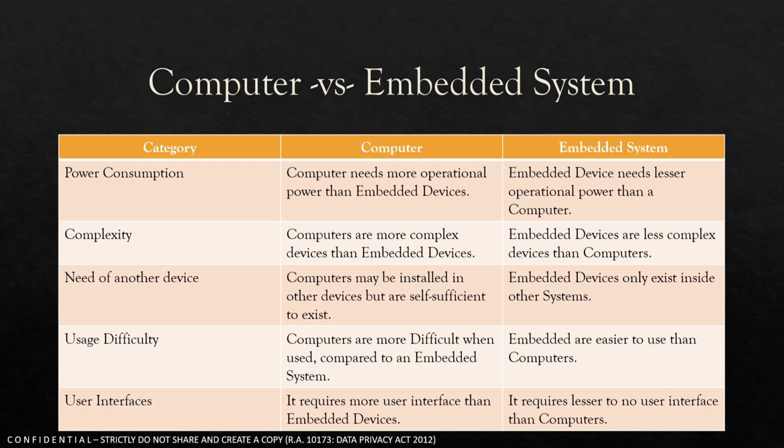For the usage difficulty, computers are more difficult to use compared to an embedded system, while the embedded system has the advantage wherein it is easier to use than computers. For the user interfaces, computers require more user interface than embedded devices, and embedded devices require lesser to no user interface than computers.